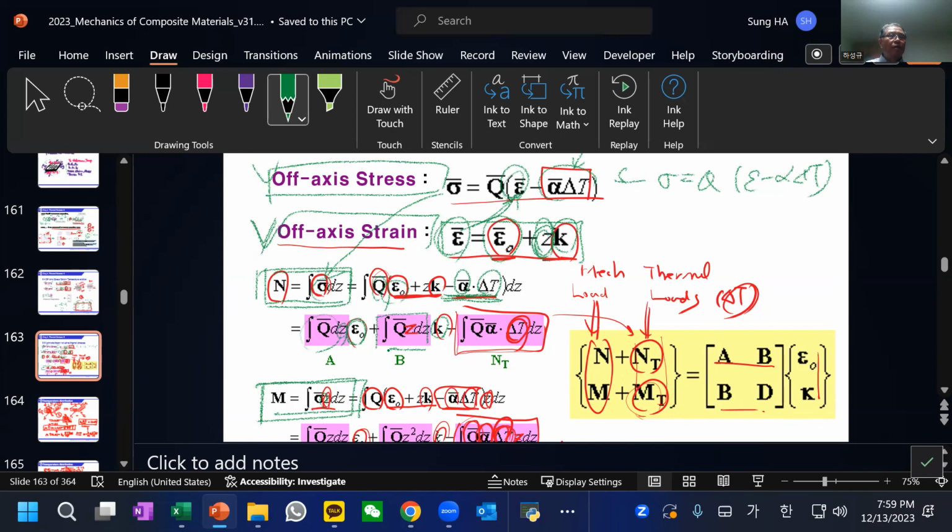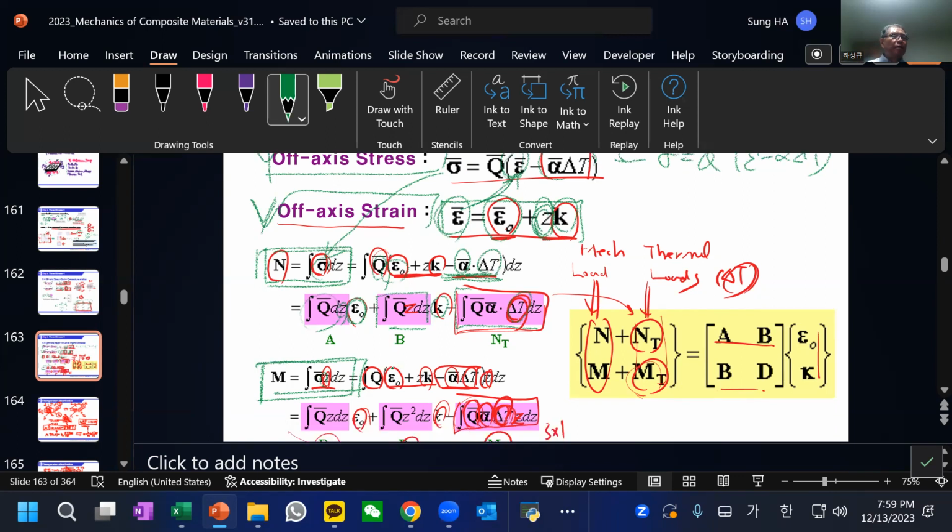Now, as you can see, this has to be calculated, or is caused by this delta T. And as you can see here, the N is just a summation of stress. So this is the mechanical load. So N equals this Q bar integration. What does it mean? This is the A matrix, and Q bar and Z, this is the B matrix, same as before.